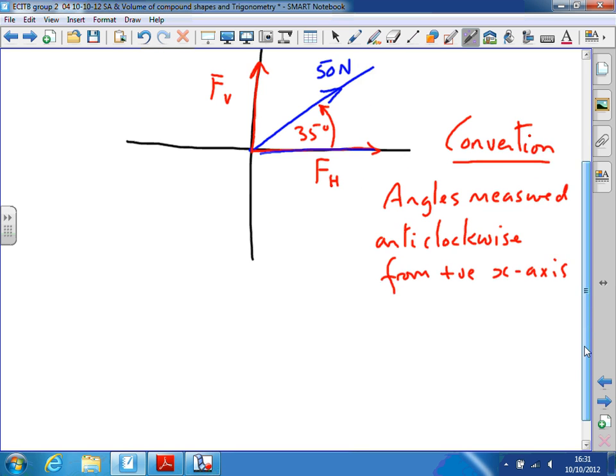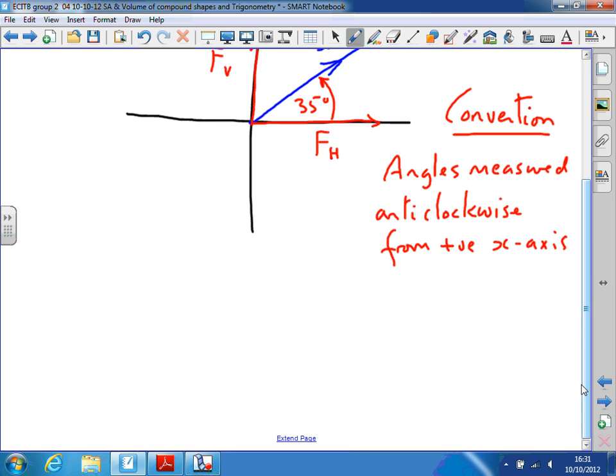So let's construct that underneath. If it's a complicated force diagram, this is a good idea. You know, form the triangle underneath. So this is 50. This is 35. And I want to find FV and FH.